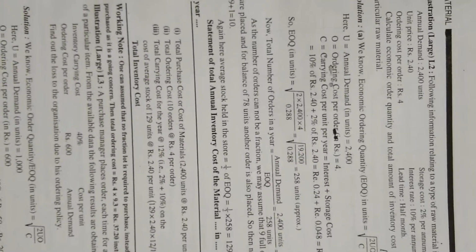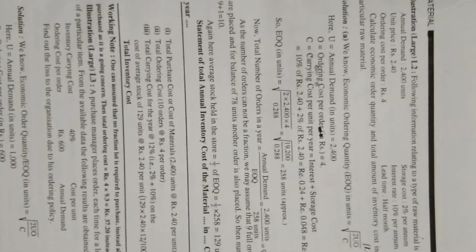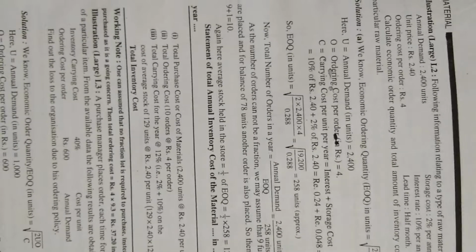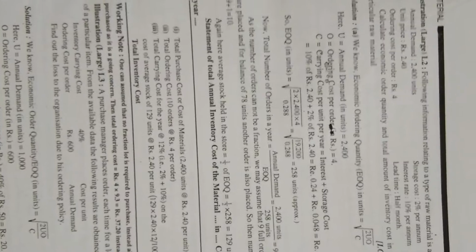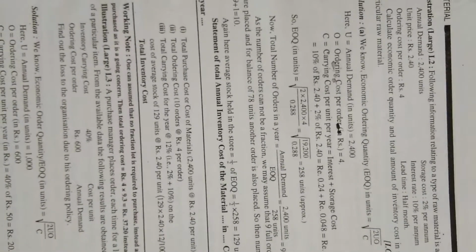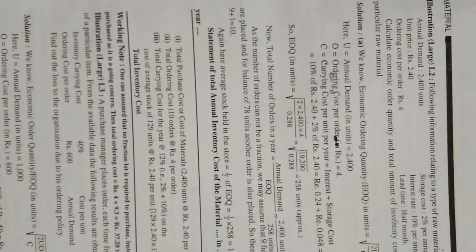In real life, ordering cost is actually the carrying cost, and the carrying cost is actually the stock holding cost, and there is a vice versa relationship between the carrying cost and holding cost.